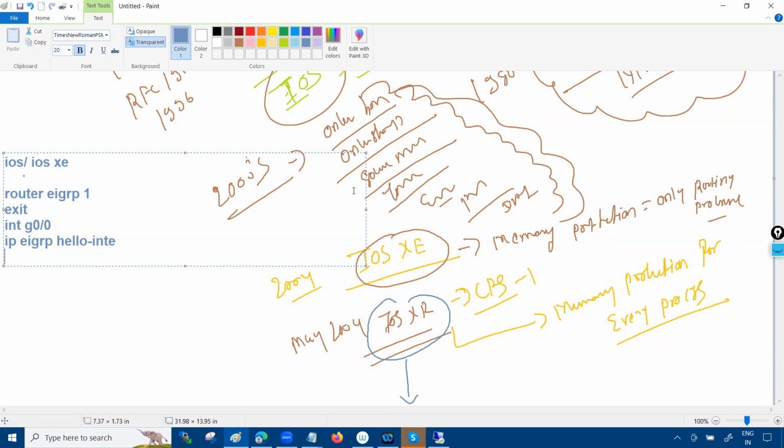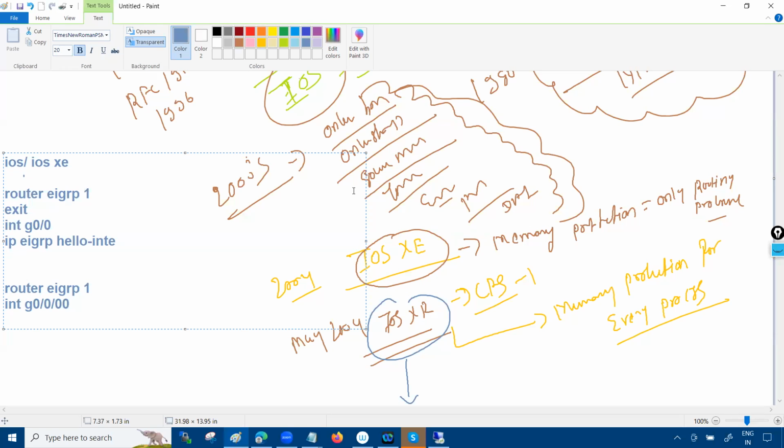So if you see, there is no hierarchy in IOS and IOS XE. IOS XR said, hey, you know one thing, I'm going to maintain 100% hierarchy. So whatever commands you do, whether changing timers or summarization, you do it all under a single block. If you advertise the network, you enable the interface in the network.